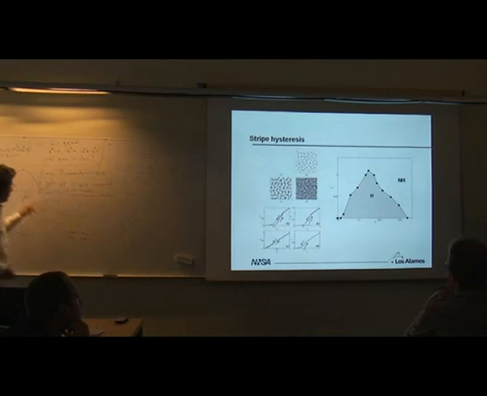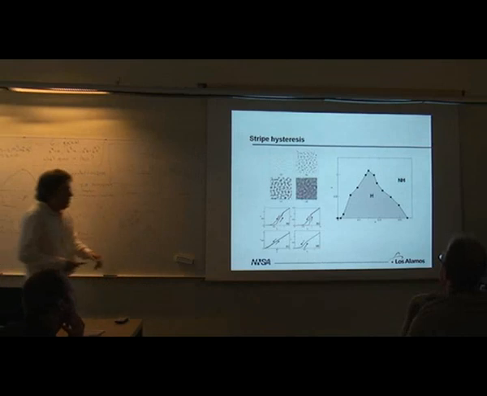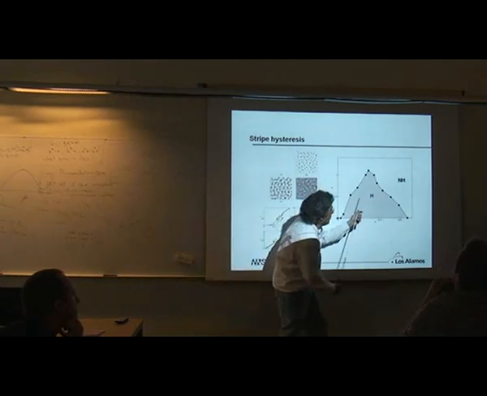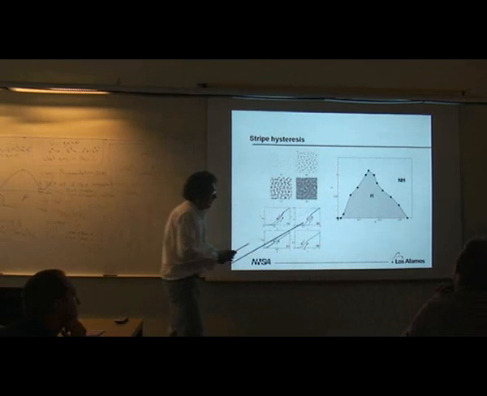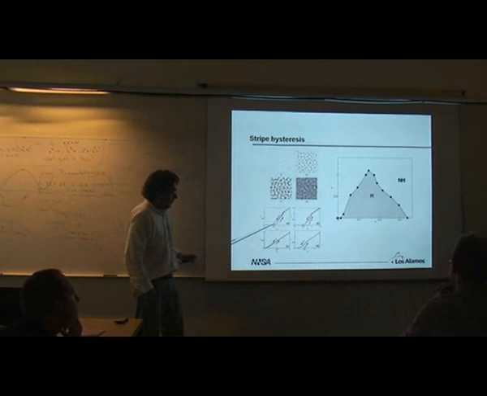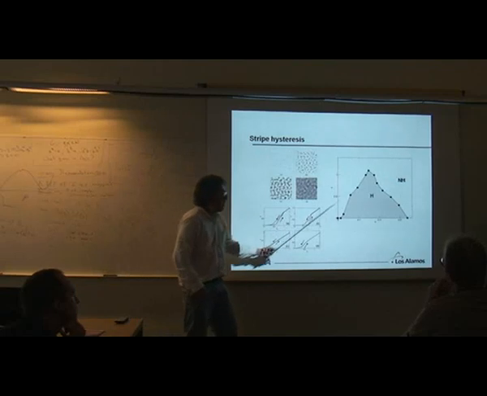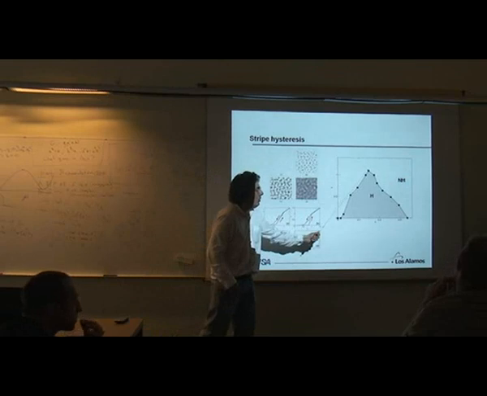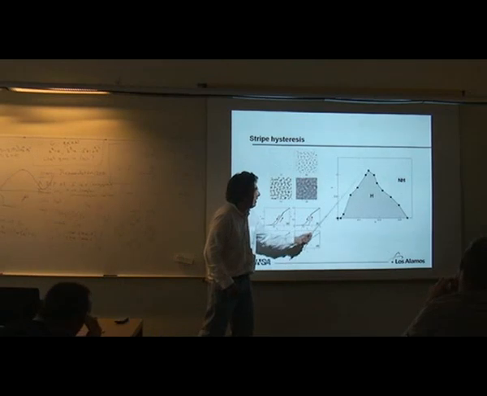So remember I told you that there was a dome in the melting temperature versus density. If you do these simulations where you start off uniform here, uniform here, and stripe right in the middle, and you look at where the hysteresis occurs in your transport curves, you see that it's highly hysteretic within this range, and it's most hysteretic within the stripe phase.